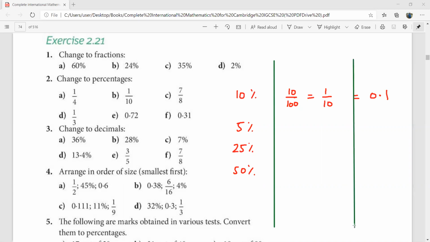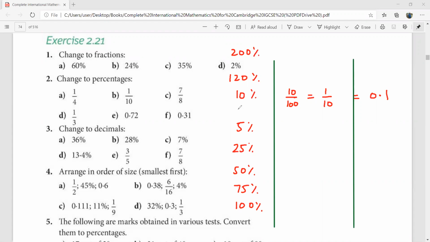Write them as a fraction, as a decimal. And then there is 75%, 100%, there can be 120%, there can be 200%.